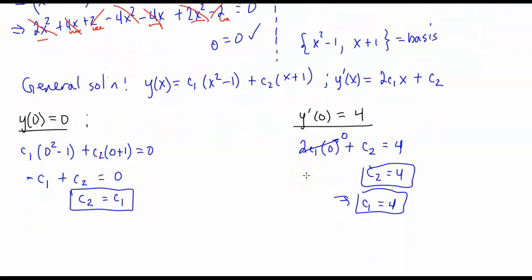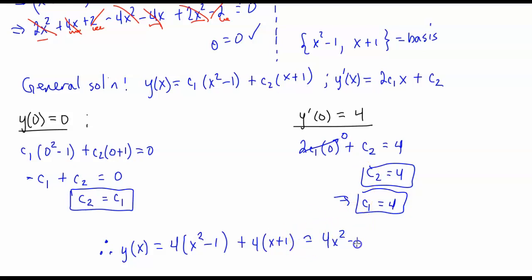And so what that means for us is that our particular and unique solution will end up being 4 times x squared minus 1 plus 4 times x plus 1. And of course, I could simplify that if I wanted to. So this would be 4x squared minus 4 plus 4x plus 4.